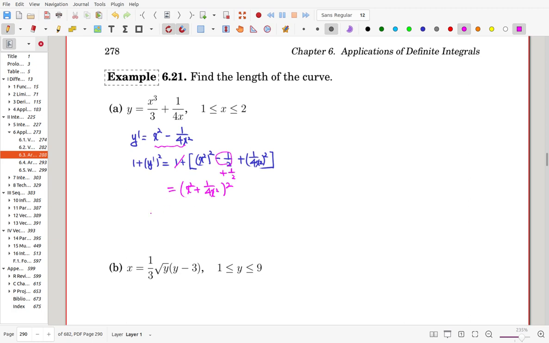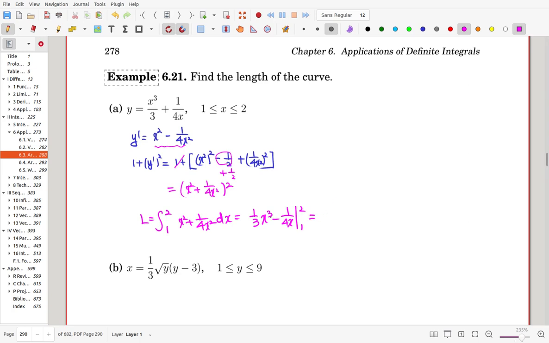So now the arc length must be the integral from 1 to 2, and then the square root of this is the same as x squared plus 1 over 4 x squared. So that is now 1/3 of x cubed, and that is minus 1 over 4x, from 1 to 2.